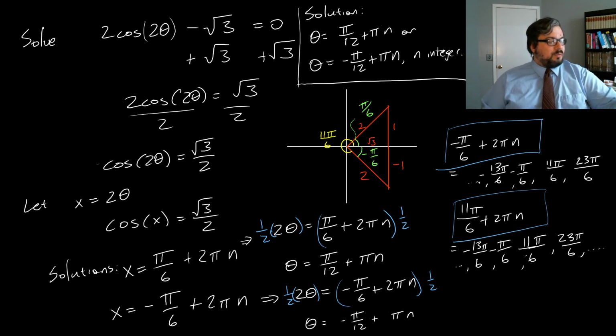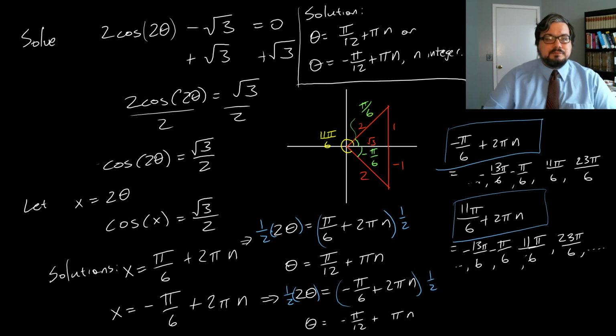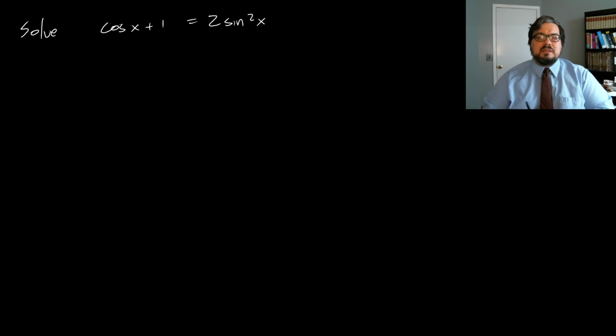All right, let's do one last example where we see how we need to use both a trigonometric identity and some algebra in order to solve our problem. Let's solve the equation cosine x plus 1 equals 2 sine squared x.